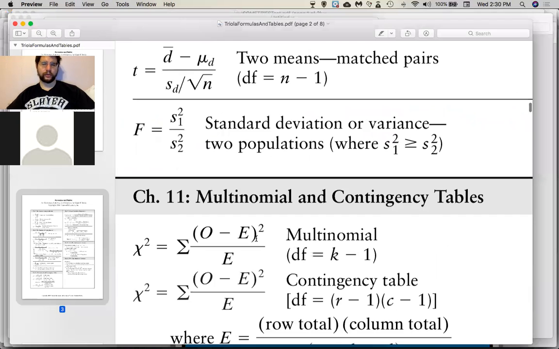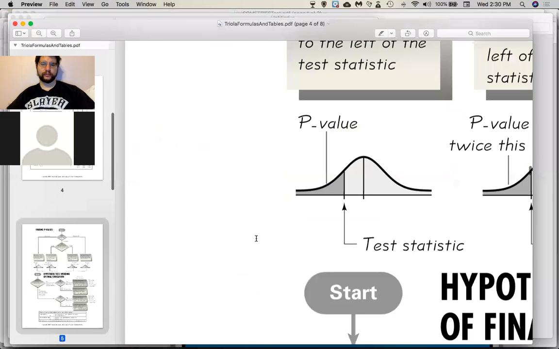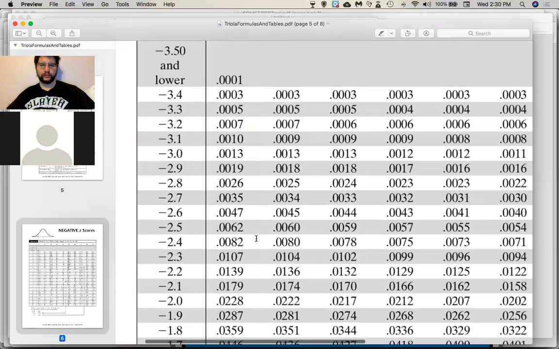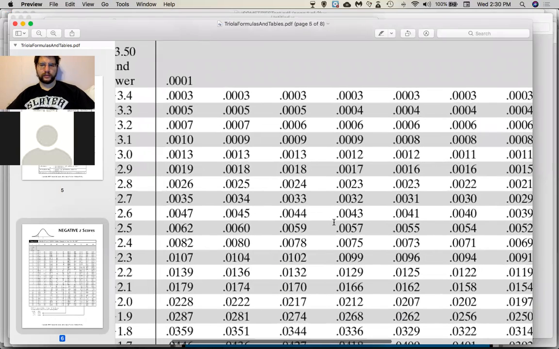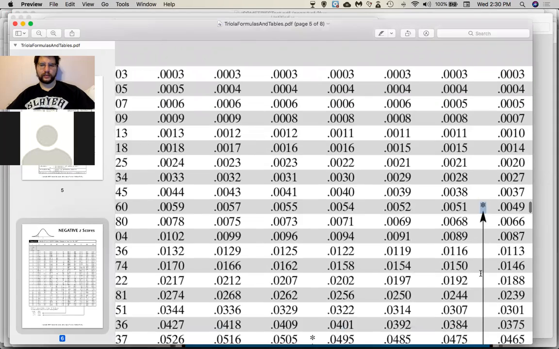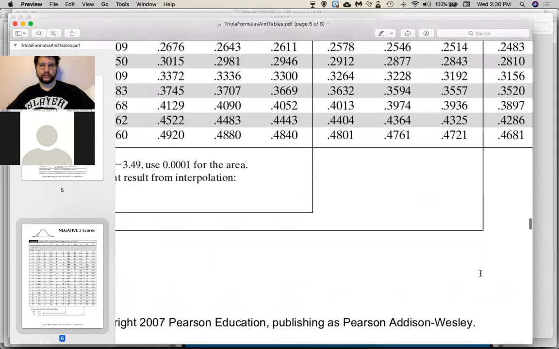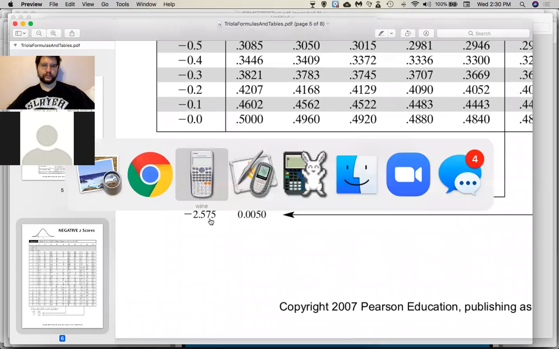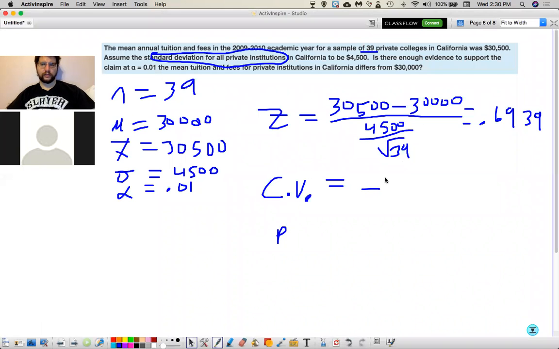You could do an inverse norm and find out what it is, but I need the chart. 0.005. Where are you at? Oh, right here by this little asterisk. We use negative 2.575.